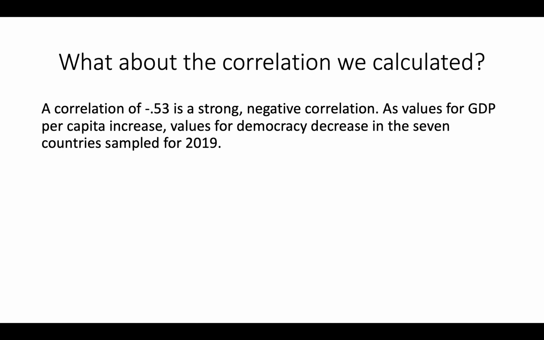So, just to summarize what we've talked about, the correlation of negative 0.53 is a strong negative correlation. As the values for GDP per capita increase, values for democracy decrease in this sample, which is small, just 7 countries, but sampled for the year 2019.